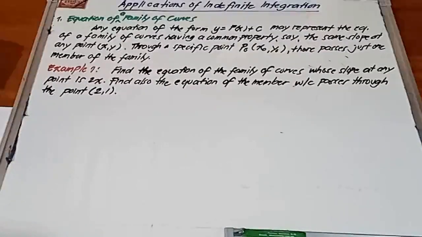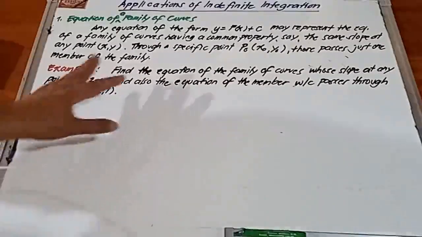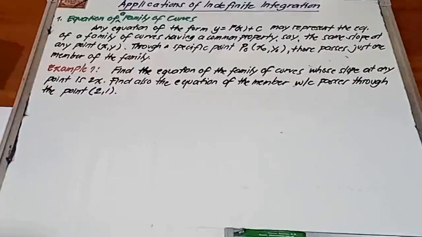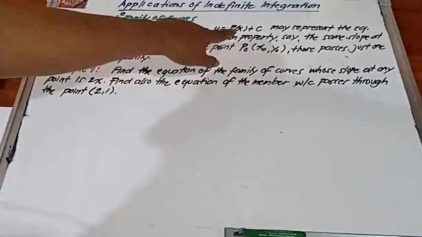So, ibig sabihin, pag given sa ating differential equation, what we need to do to determine the equation of a family of curves is just by the use of the separation of variables, and then we integrate both sides of the equation. And the resulting function, yun ang tinatawag nating equation of the family of curves, y equals f of x plus c.